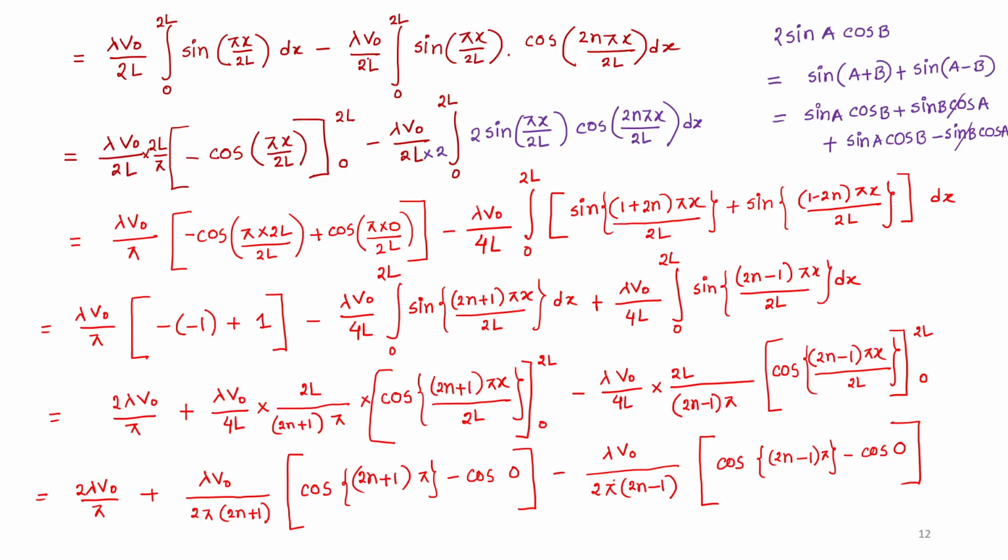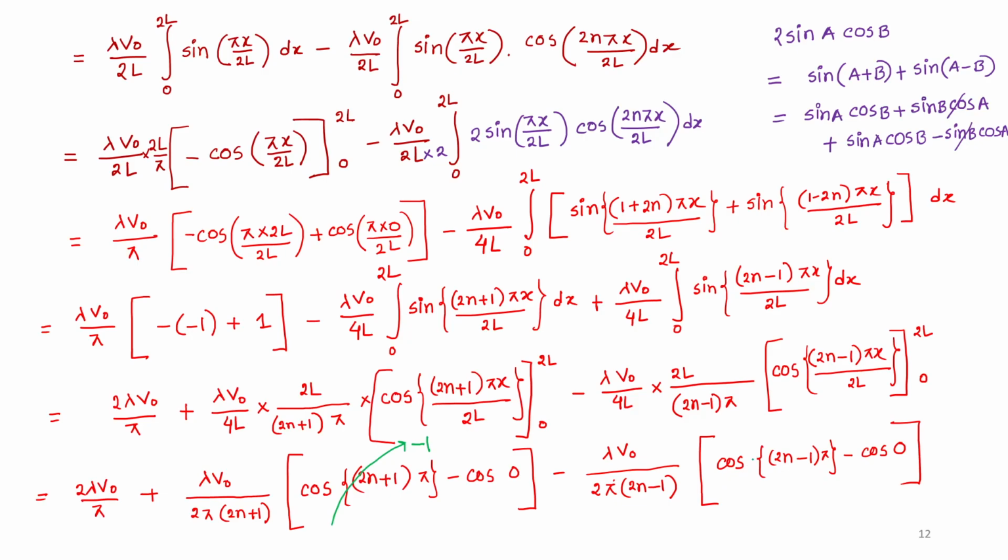See, cos pi, if you take n equals to 0, you are going to get cos pi. If you take n equal to 1, you are going to get cos 3 pi. Then vice versa, n equals to 2, you are going to get cos 5 pi. And in each case, the value is minus 1. So this is minus 1. Okay.